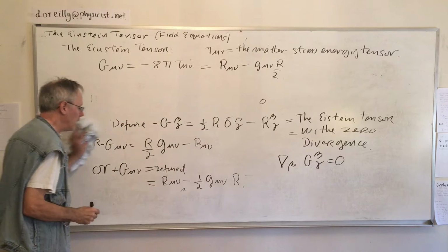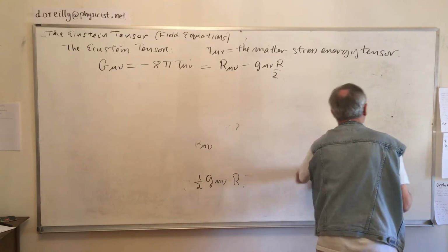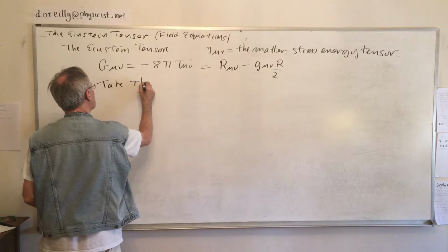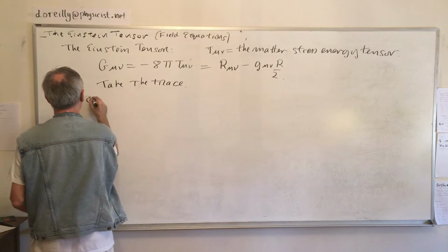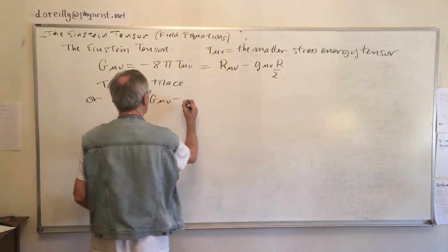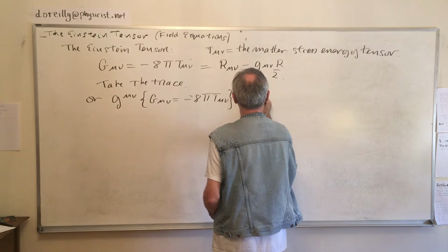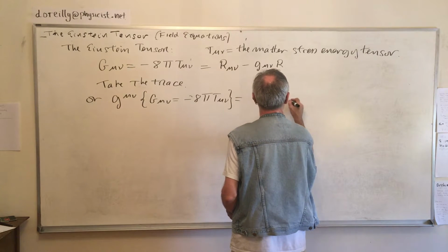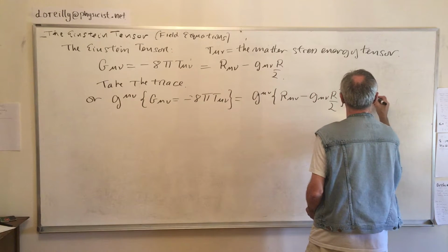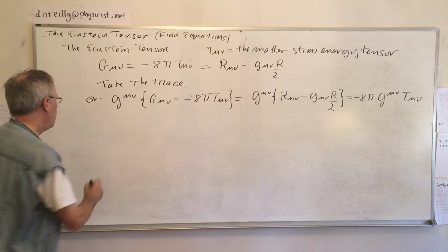So, that's what the G mu nu is, as we've seen. So we take the trace, or multiply by the metric tensor, and we get the following.